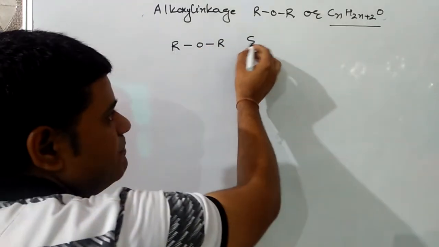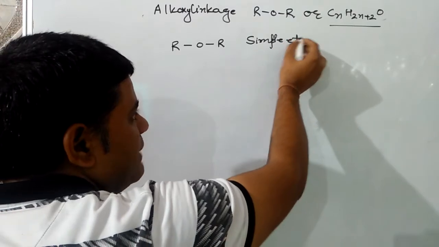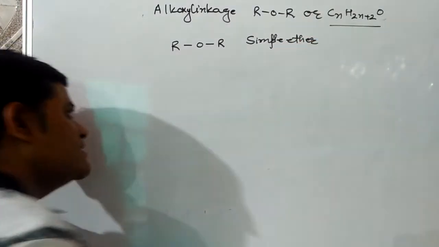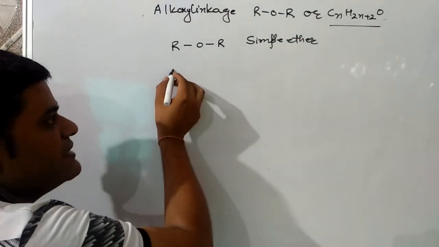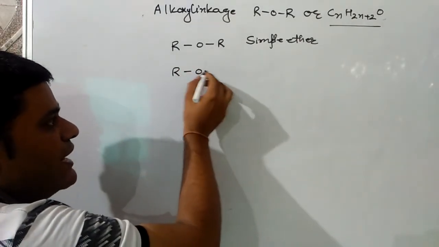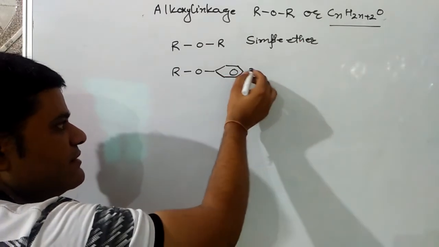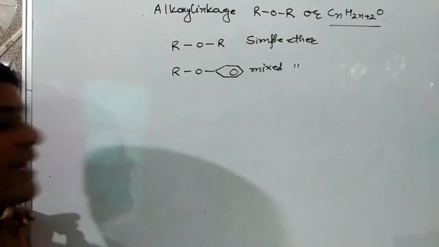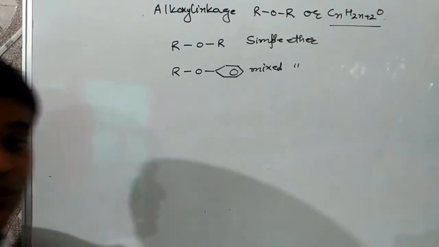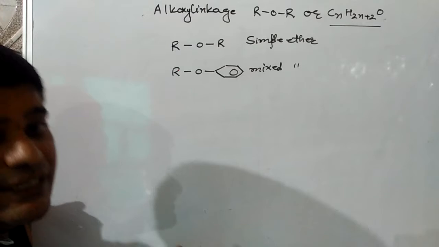The first one is simple ether, where both alkyl groups are the same, and the second one is mixed ether. When the two alkyl groups are different from each other, they are known as mixed ether. The common names are dialkyl ether for simple ether, and alkyl alkyl ether for mixed ether.